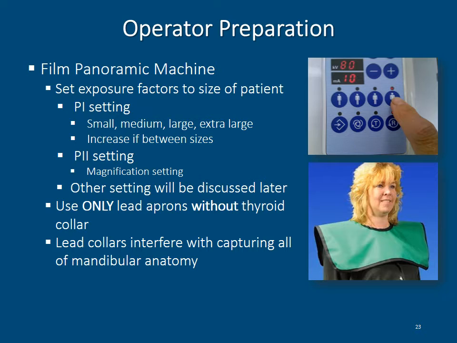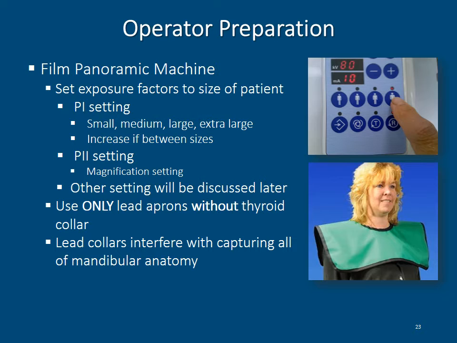We have 2 types of panoramic machines in our clinic, a film panoramic machine and a digital one. These instructions are for the film machine. You will set the exposure factors for the patient's size, making sure to place the selection on P1. P1 will allow you to select a small, medium, large, or extra large size.